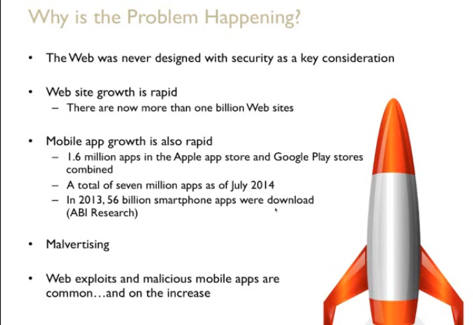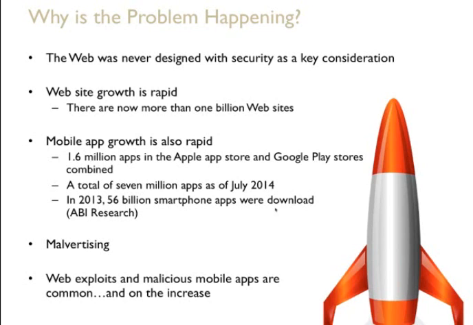There's a total of 7 million apps as of July 2014 in a variety of other third-party stores and so forth. And ABI Research estimated that last year 56 billion smartphone apps were downloaded. And apologize for the typo there. So again, we have rapid growth in mobile apps, and because of the lack of security and so forth, we're finding a lot of copycat apps here.